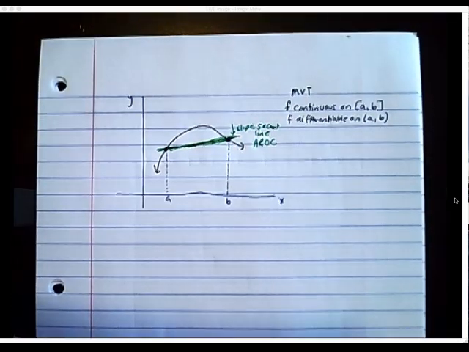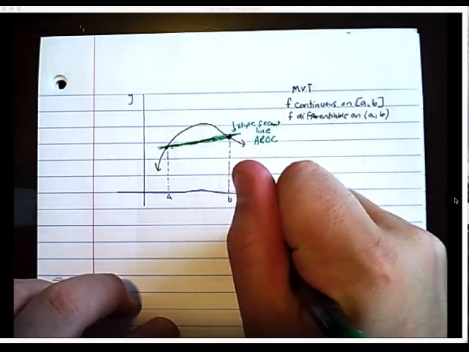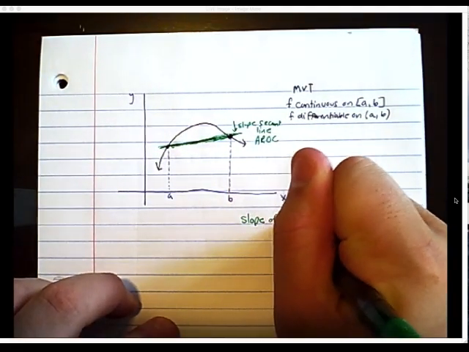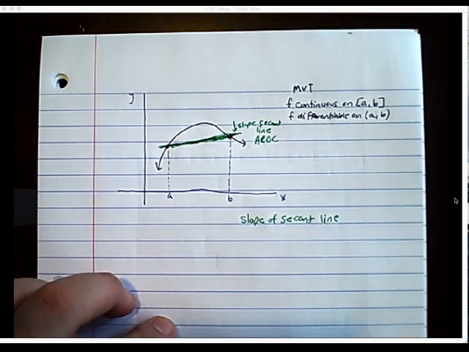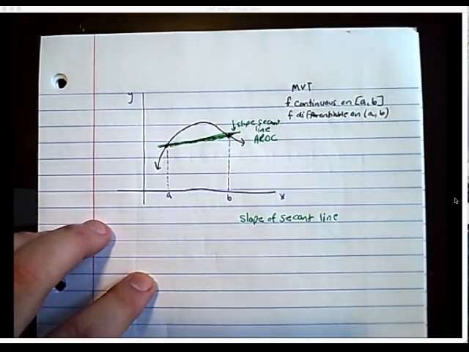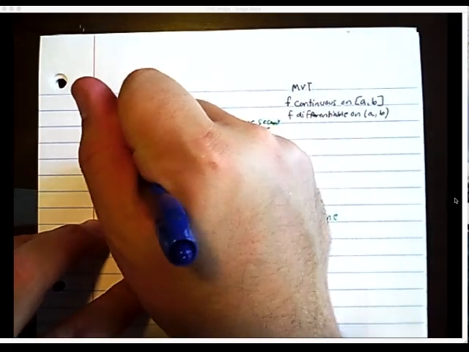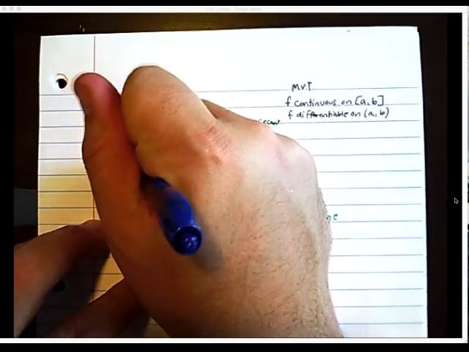All right, so here the slope of the secant line, how do we find that? Well, it's a slope, so it's a rise over a run.